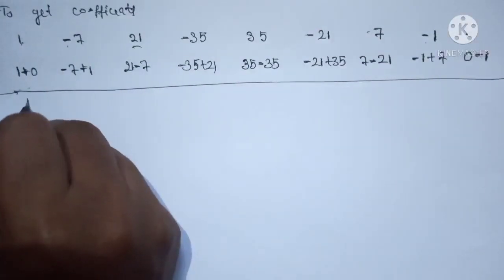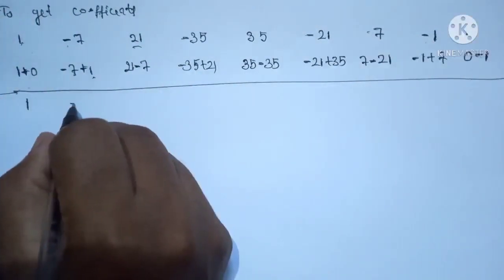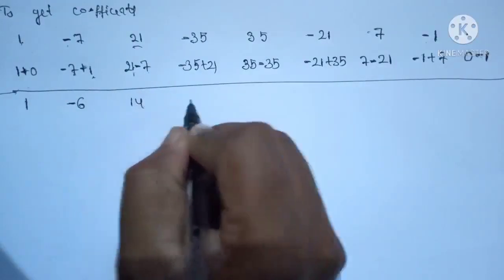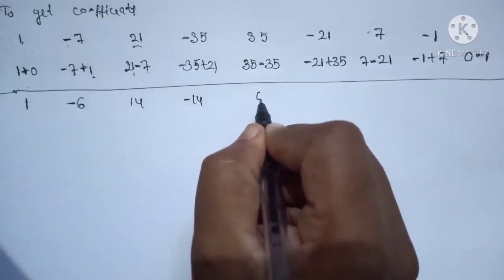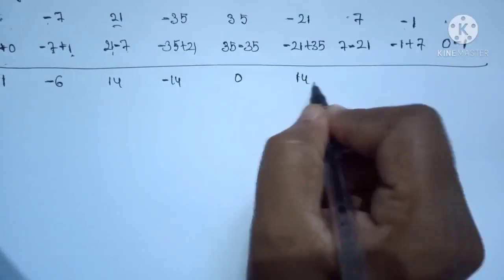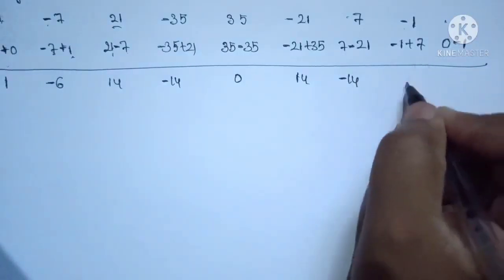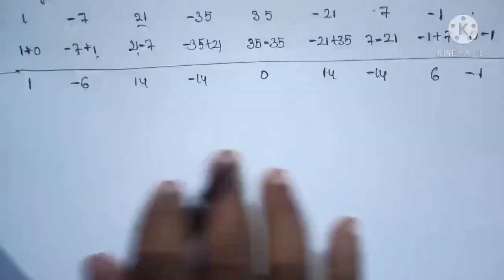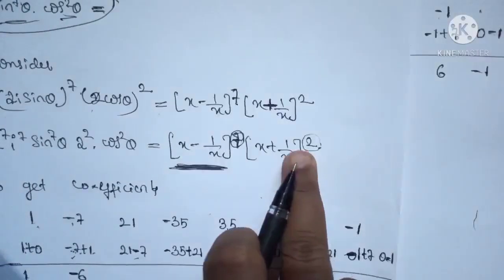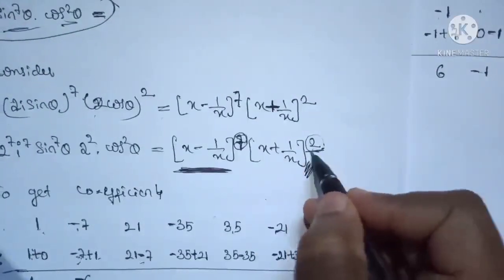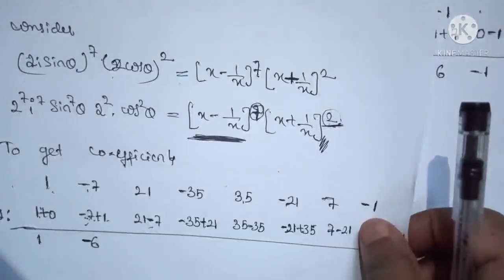1 plus 0 is 1; minus 7 plus 1 equals minus 6; 21 minus 7 equals 14; minus 35 plus 21 is minus 14; 35 minus 35 is 0; then 35 minus 21 equals 14; minus 21 plus 7 is minus 14; 7 minus 1 is 6; and minus 1. Since the cos power is 2, that means the second bracket has power 2, therefore we have to repeat this step twice.